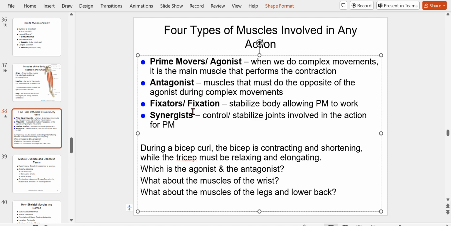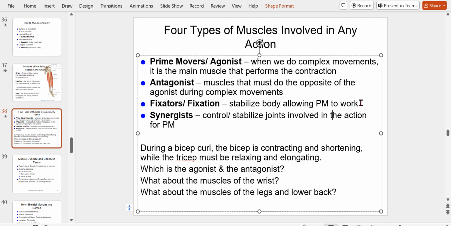Now, let's go back to the bicep curl. You're doing some bicep curls. Is the bicep the only muscle that's working? No. Your feet, your back, your gluteus maximus, your shoulder muscles, all these other muscles are working to facilitate the prime mover, the muscle that performs the contraction. These other muscles are involved in stabilizing the body, allowing the prime mover to work.